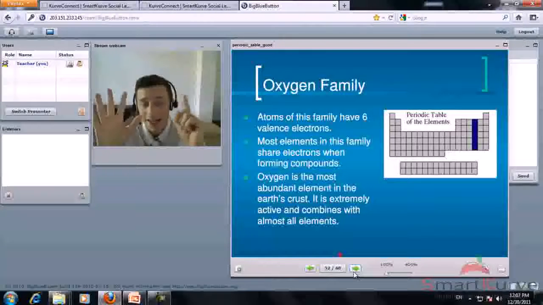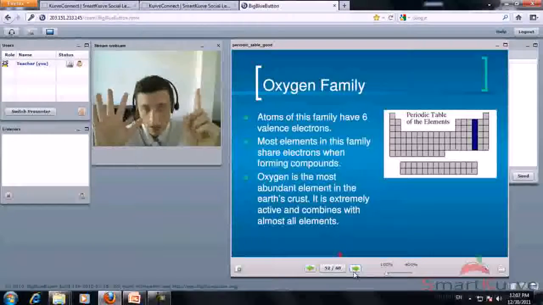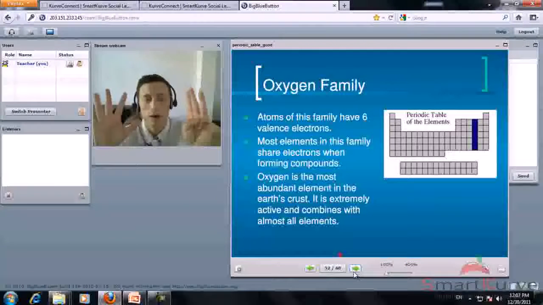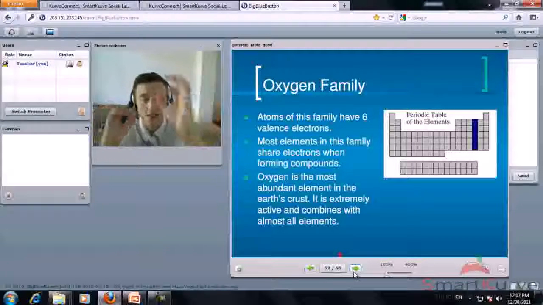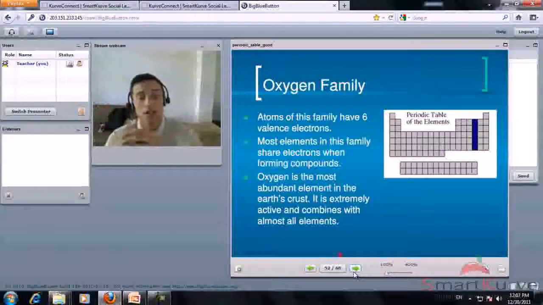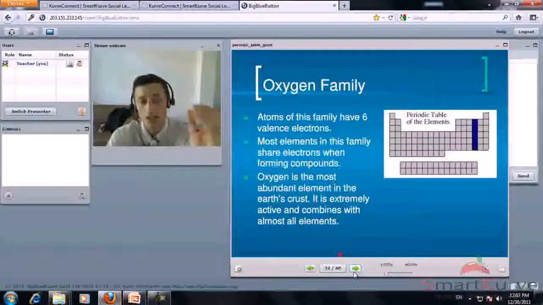Oxygen has 6, so it wants to form bonds with 2 hydrogen atoms to have 8 valence electrons. So where nitrogen has formed bonds with 3 hydrogens to make NH3, oxygen bonds with 2 hydrogens to make H2O, which we know as water.